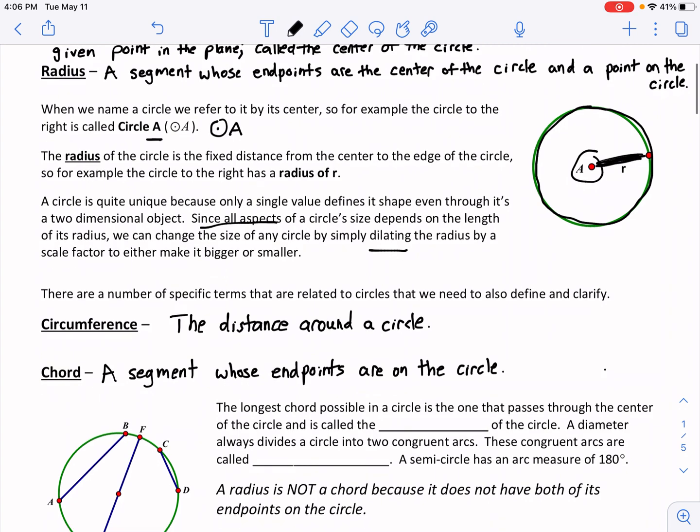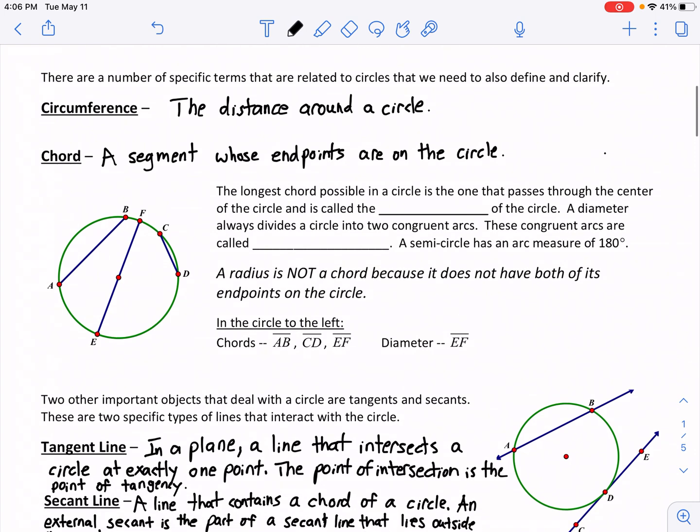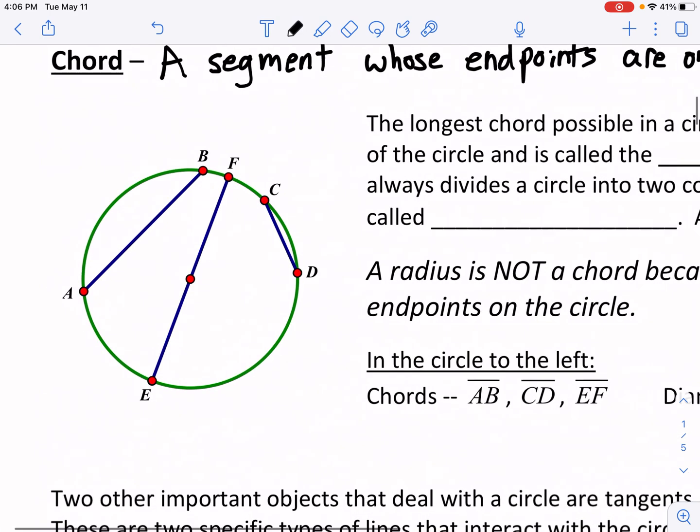Now, something that we haven't talked about that we're getting into here is a chord. It says a chord is a segment whose endpoints are on the circle. When we talk about a chord, it seems similar to other things. We've talked about radius and diameter, but what separates a chord is that a chord is any segment whose endpoints are on the circle. For instance, AB here would be a chord.